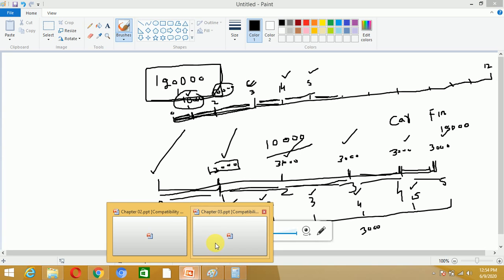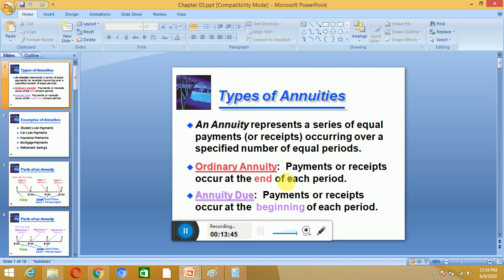So one is ordinary annuity, when payments or receipts occur at the end of each period, and one is annuity due, when payments or receipts occur at the beginning of each period.